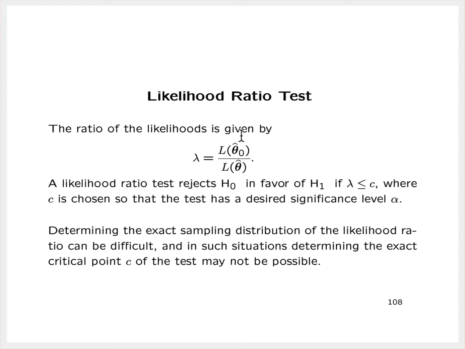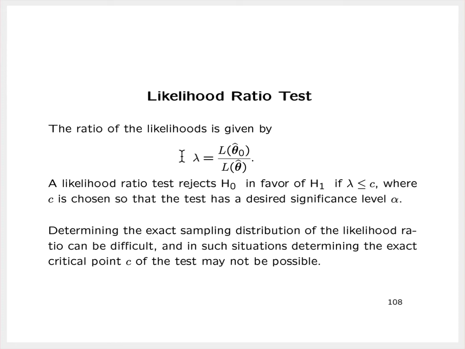Again, we have the maximum value of the likelihood over the subset of the parameter space corresponding to the restrictions in the null hypothesis, divided by the maximum value of the likelihood over the entire parameter space. And the traditional notation for that ratio is lambda.